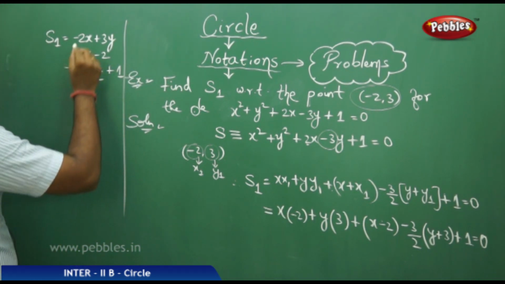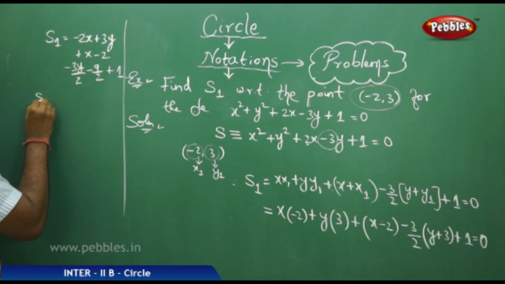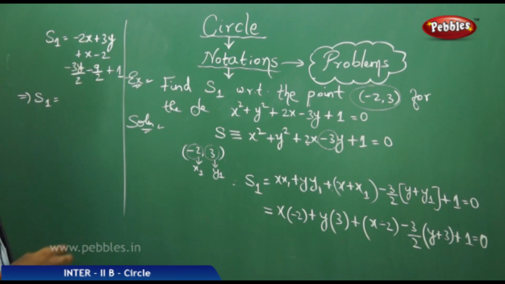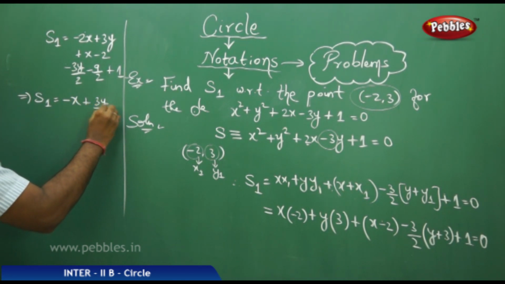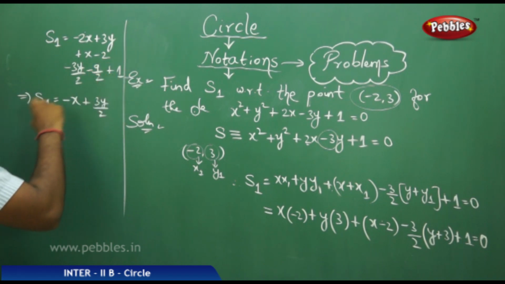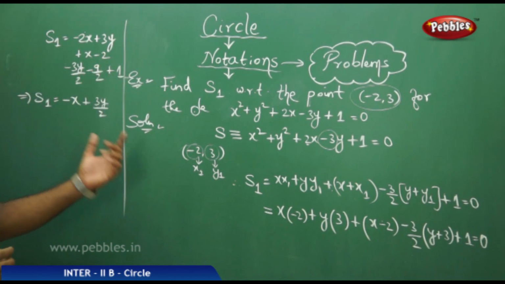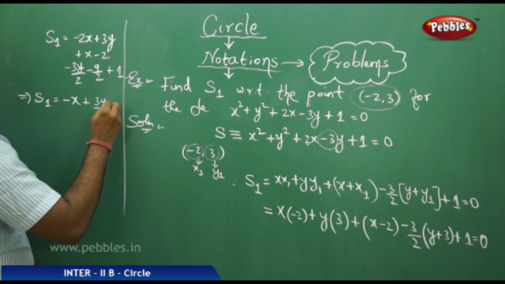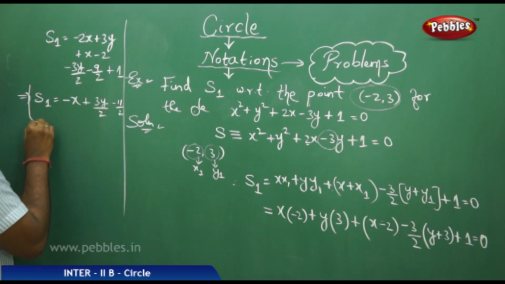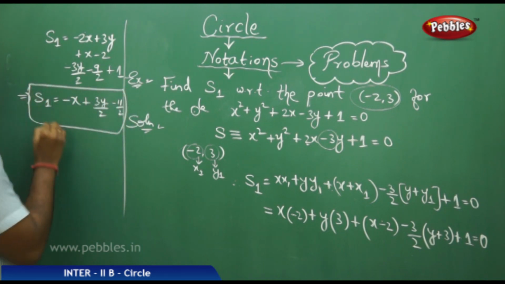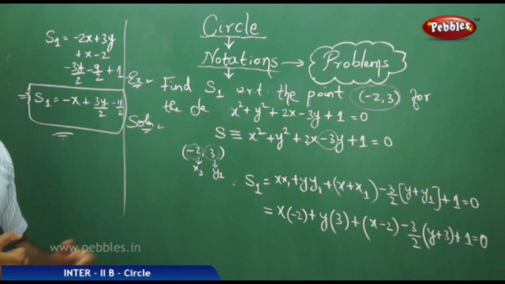Now this, on further simplification of x terms, gives us minus 2x plus x is minus x, and 3y minus 3y by 2 is 6y minus 3y. So this is plus 3y by 2, and this is minus 2 plus 1, which is minus 1, and minus 11 by 2. So therefore, this is the required value of S1.